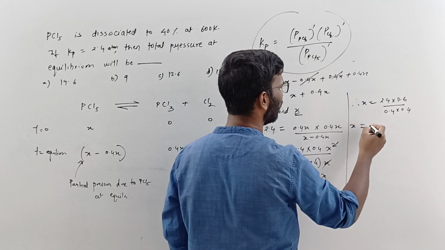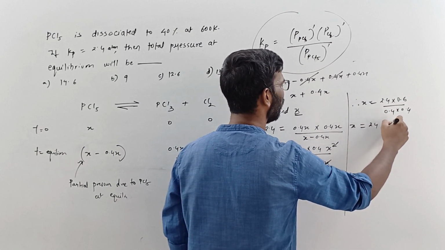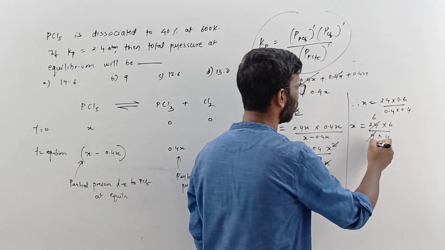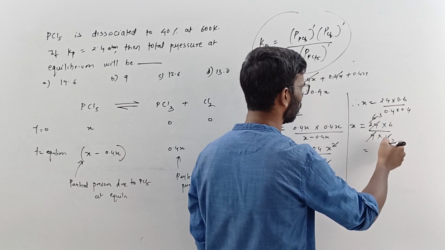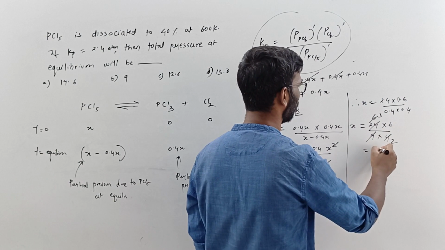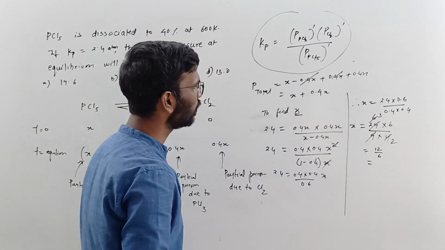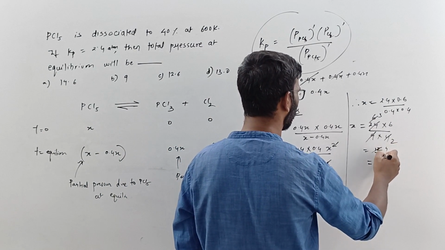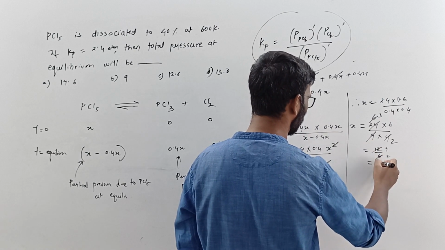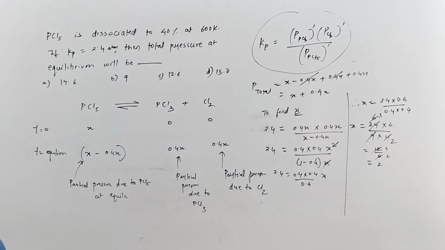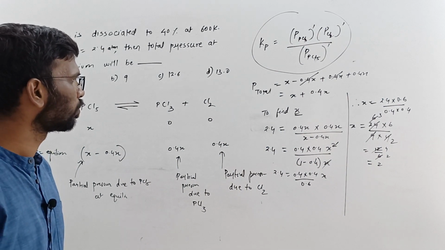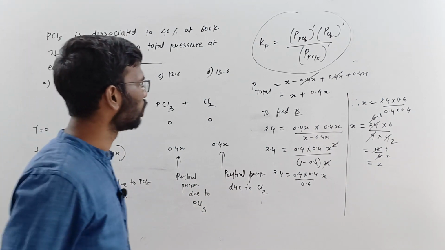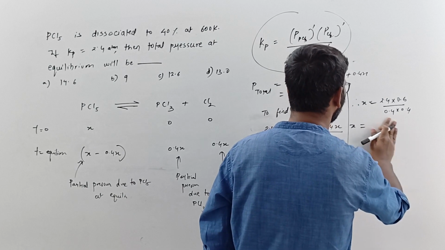So this whole equation could be written as 24 into 6 over 4 into 4. Let's do it again.